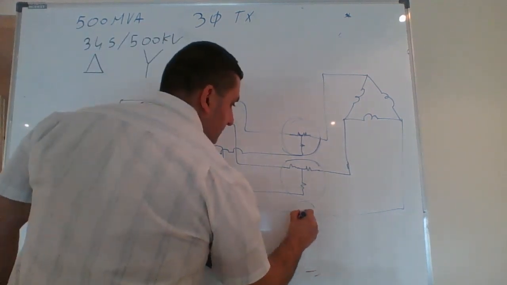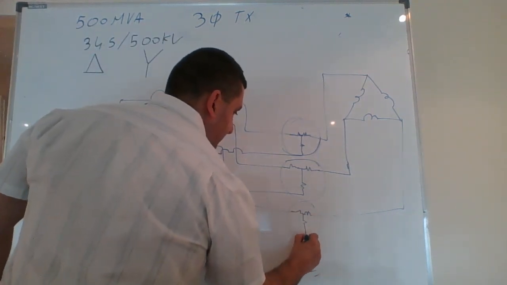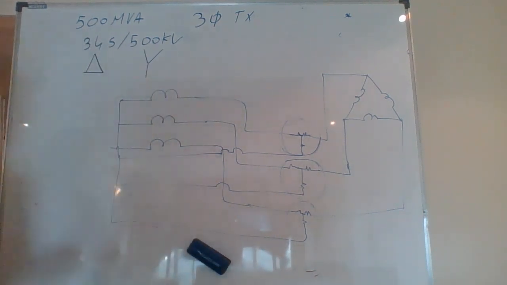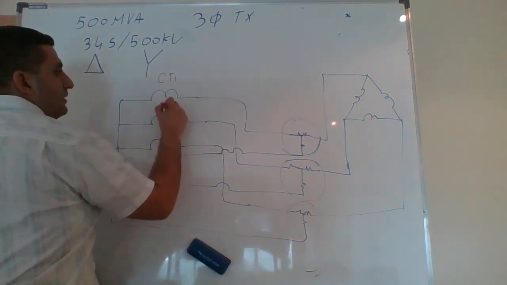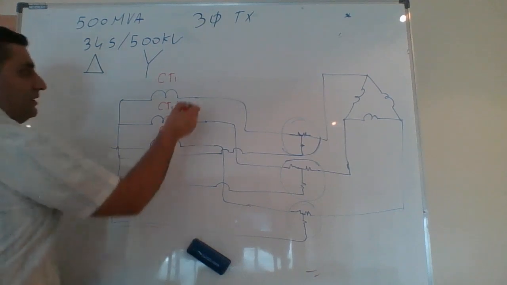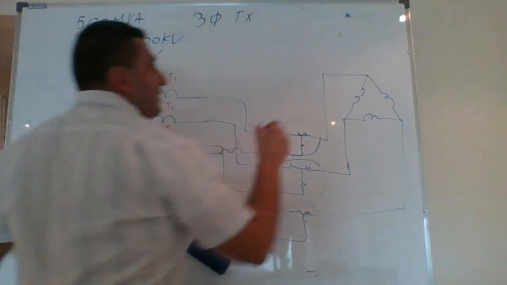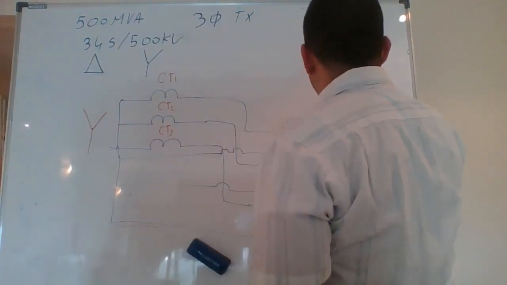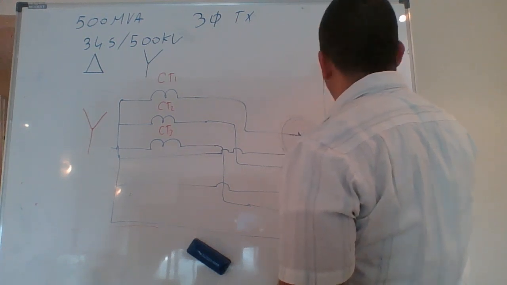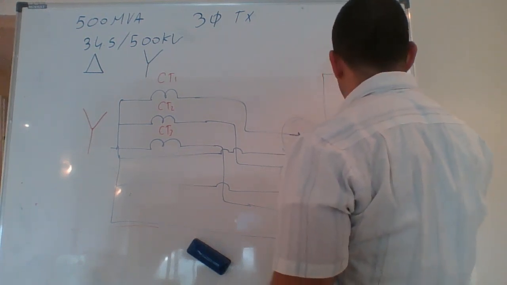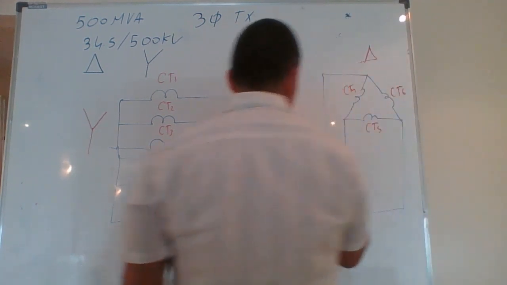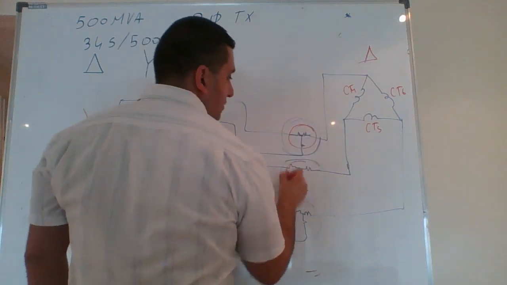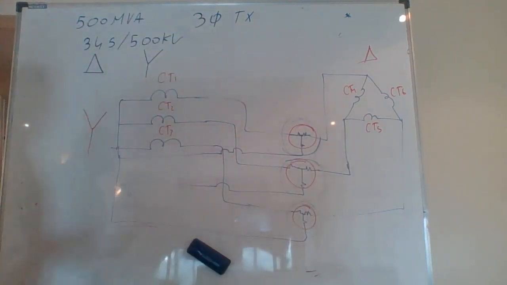The system to the star. That's the primary side, CT1, CT2, CT3. This is connected into Y, and this will go down to CT4, CT5, CT6, and this is connected into delta, and this will go to the restraint, the relay for differential.